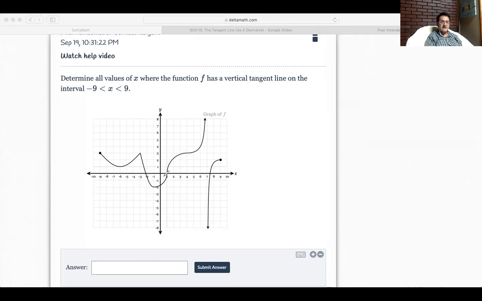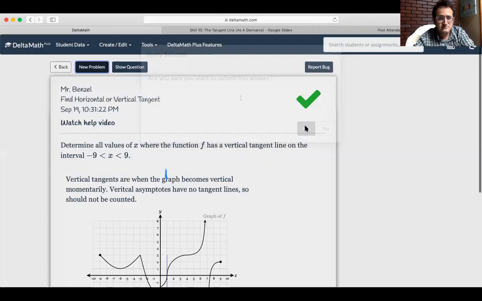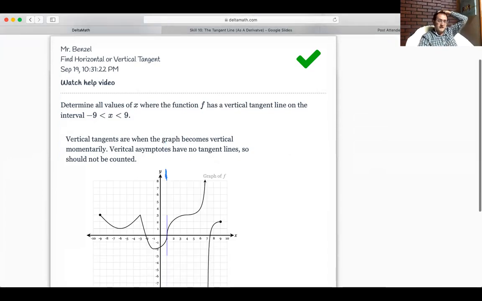But when we get to right about there, we have a vertical tangent line. And we're going to put in the value of 1.